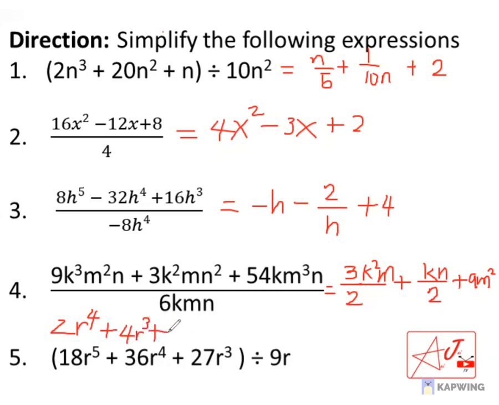And then, 27 divided by 9 is 3. And then, r squared. So, yan ang ating final answer. 2 r to the 4th plus 4r cubed plus 3r squared.